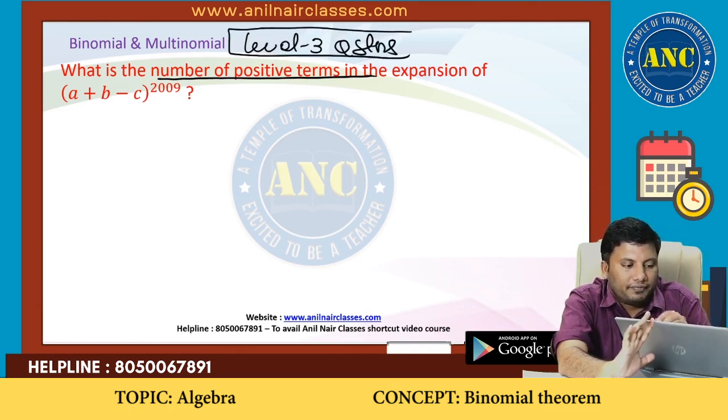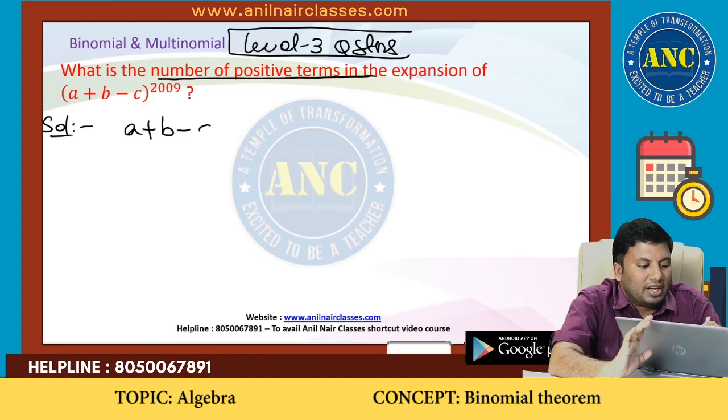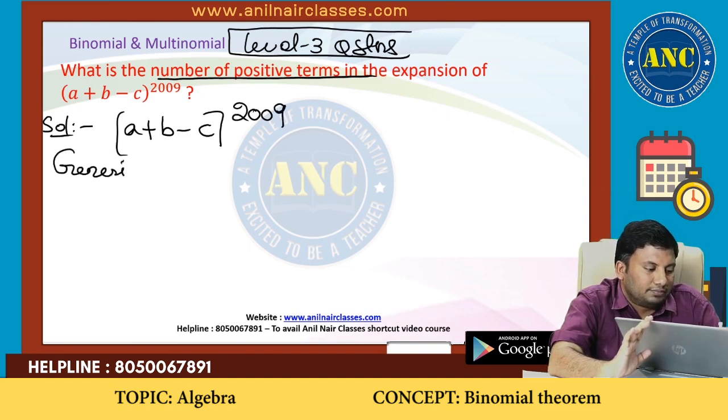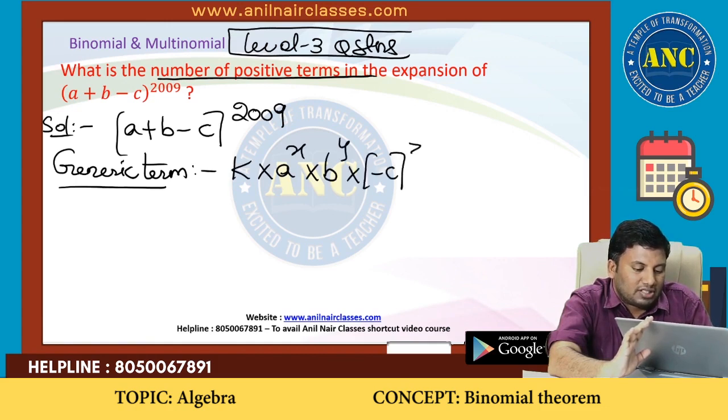I will write the solution. Listen carefully. (a plus b minus c) power 2009. The generic term will be k into a power x, b power y, minus c power z.